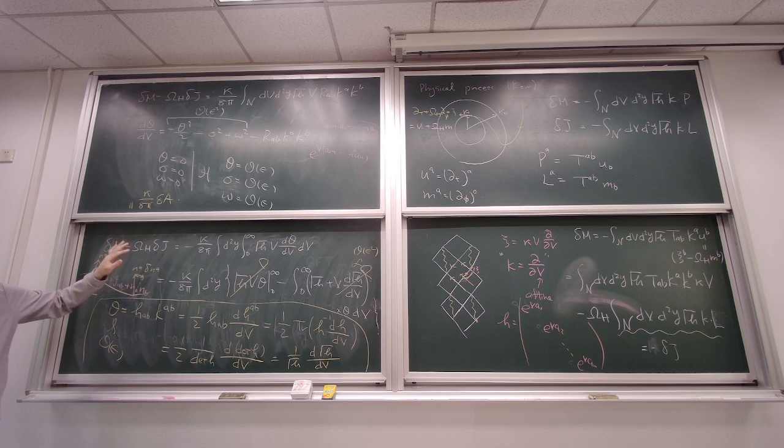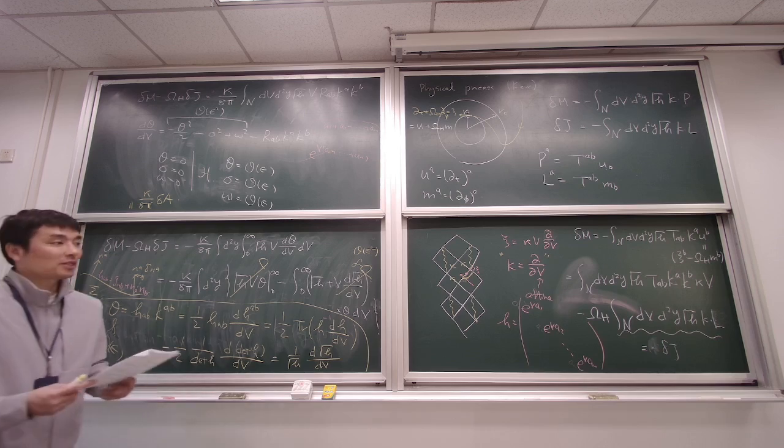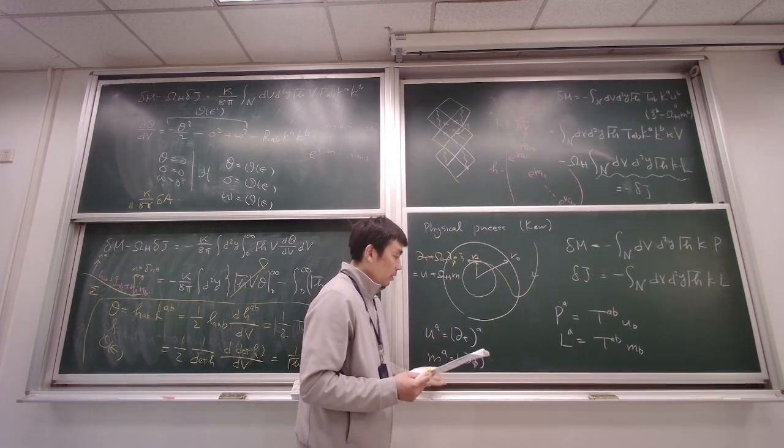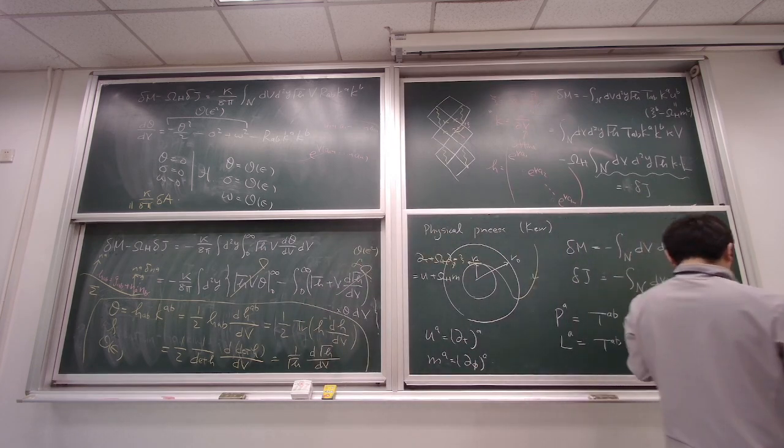This linear combination will give you a change of area with the surface gravity as a constant. So this is the derivation of the first law of black hole thermodynamics without Q. With Q, I just derived it by using the Kerr-Newman metric. So that's the case.